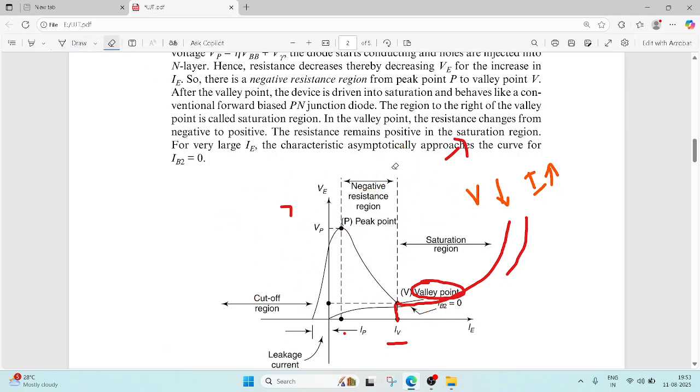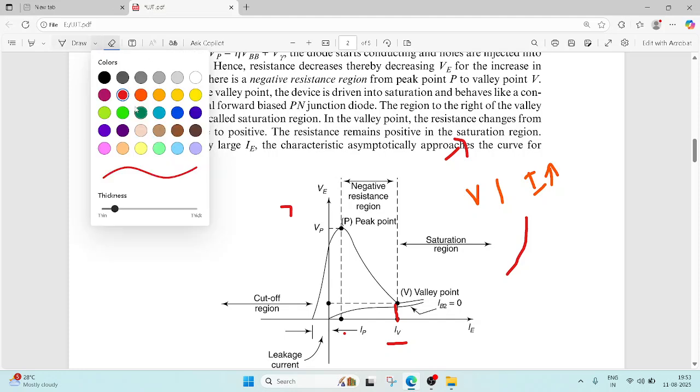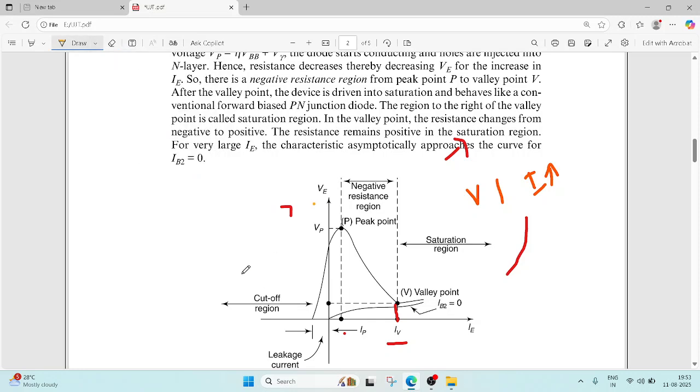For your clear understanding, see this. This is your cutoff region, there is no current. Then this is your saturation region, maximum current. In between is the negative resistance region, where voltage is minimum and current is maximum. That's all.